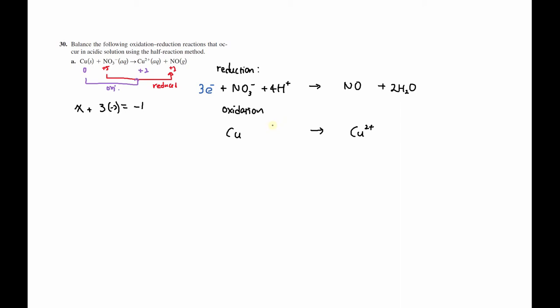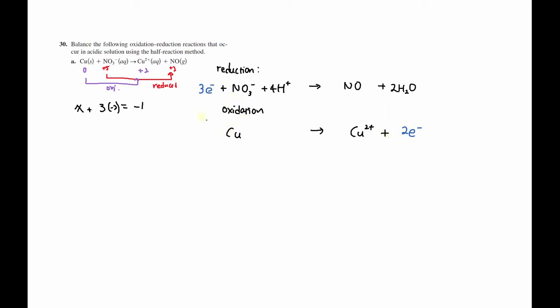Therefore, all we have to do now is just introduce the electrons on the product side. Now we have net charge of 0 on both sides. So this is the balanced form for the oxidation half reaction.